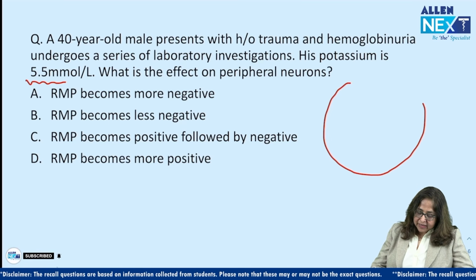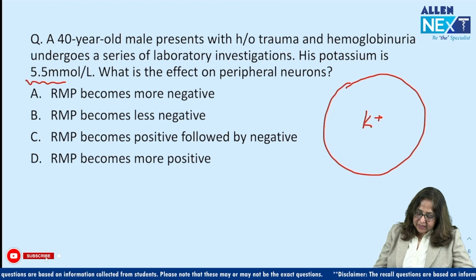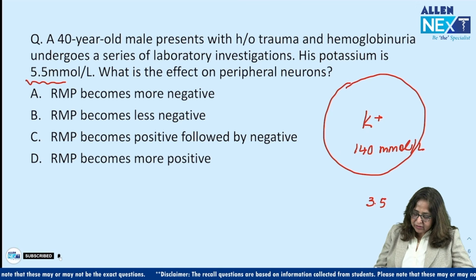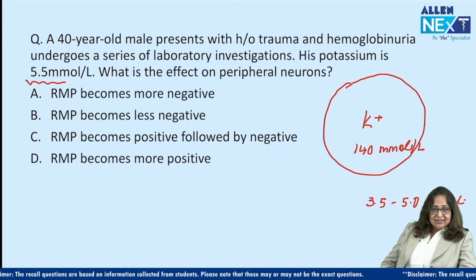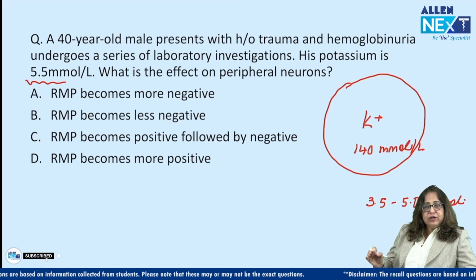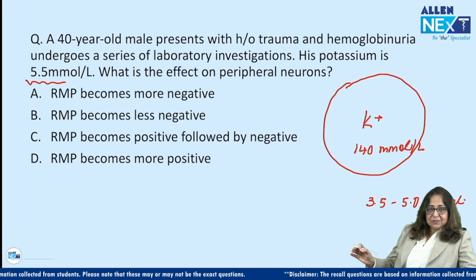Normally, potassium inside the cell is, let's say, 140 millimoles per liter, and outside the cell, 3.5 to 5 millimoles per liter. A cell membrane at rest is almost freely permeable to potassium.